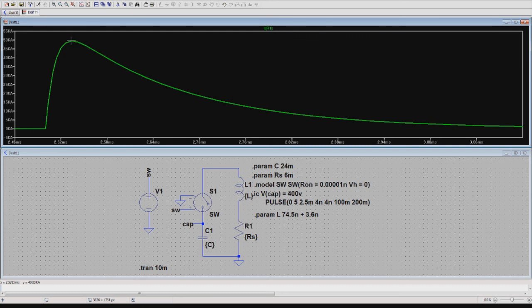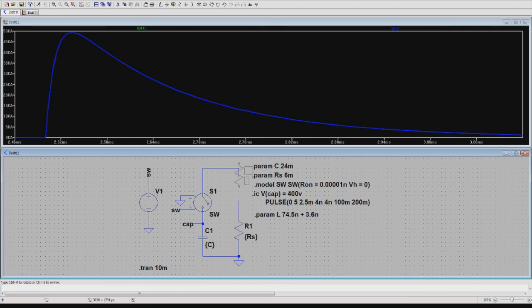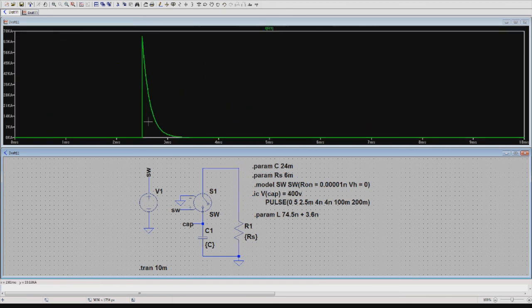So we are about 50 kiloamps and 6 milliohms of resistance. It may look a little bit disappointing, because without the inductance we would have almost 66.6 kiloamps.